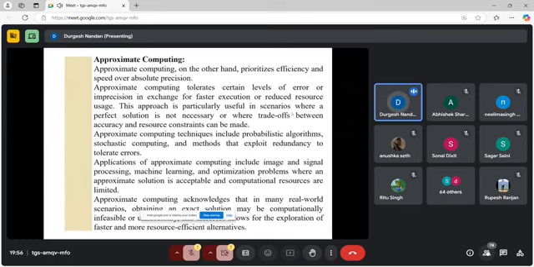If we talk about the broad areas of application, then basically image and signal processing is the bigger area where approximate computing is used.